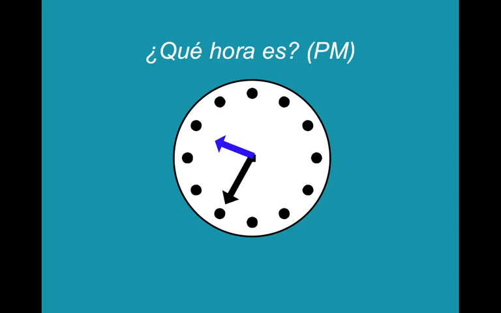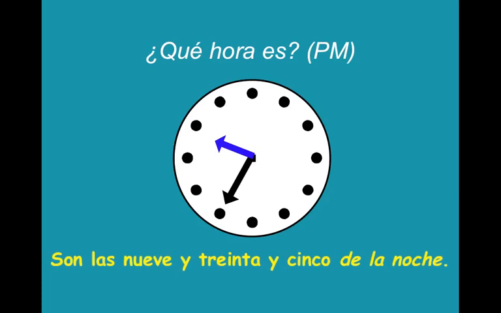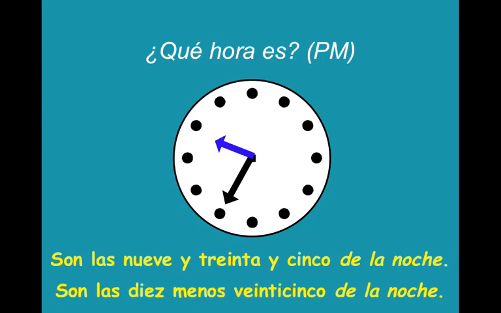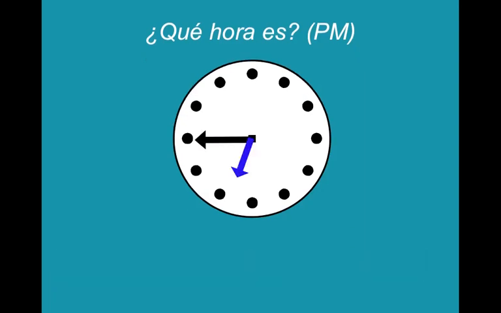Give one time adding minutes, and the next one, say the minutes before the next hour, and notice it's the evening. Son las 9:35 de la noche, 9:35 p.m., or son las 10 menos 25 de la noche, or 25 minutes until 10, 10 minus 25. ¿Qué hora es? 3 ways to say this one.